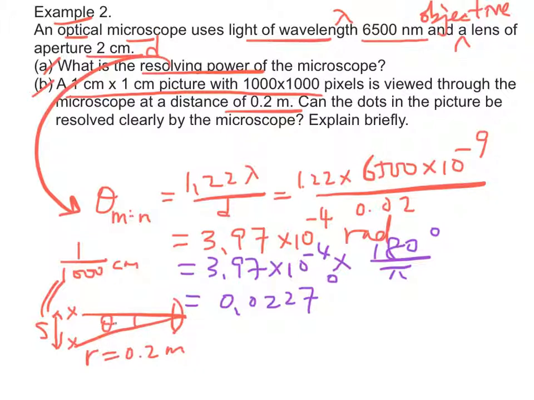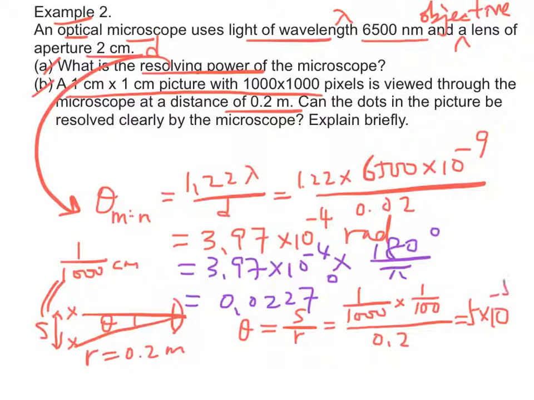Therefore, the angular separation between successive pixels is theta equal to S over R, equal to 1 over 1000 times 1 over 100 meter over 0.2, which is equal to 5 times 10 to the power negative 5 radian, which is smaller than theta minimum.